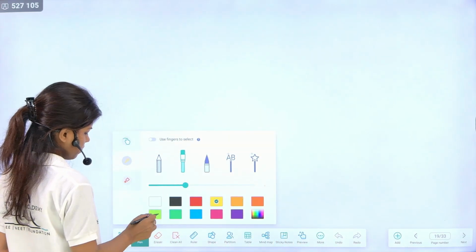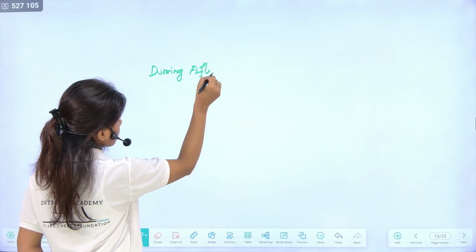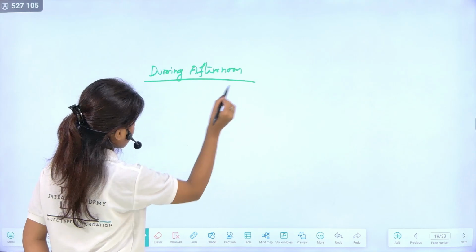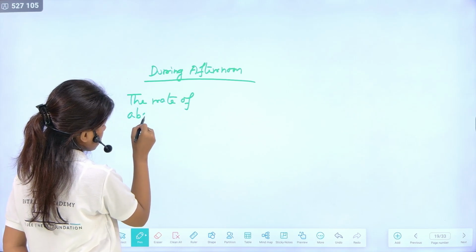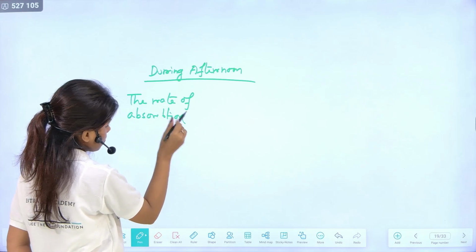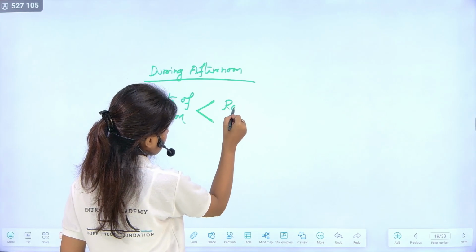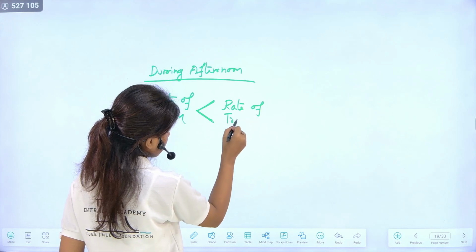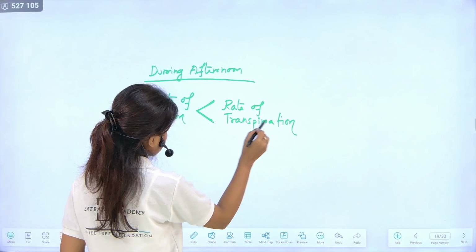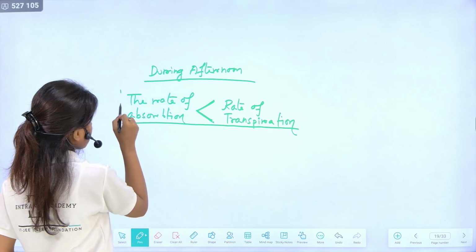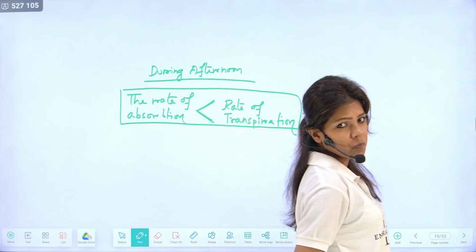During afternoon, the rate of absorption is lesser than the rate of transpiration.